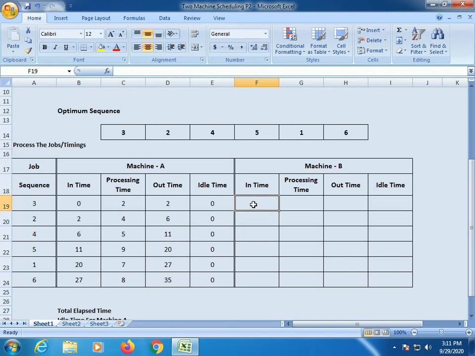So what about the in time? Here the job 3 out time is 2 hours. At 2 hours we have completed the job on machine A. Then at 2 hours the job 3 is ready, and we can forward it to machine B. So at 2 hours we can get this third job into machine B. So we take the out time as the in time for the first job.